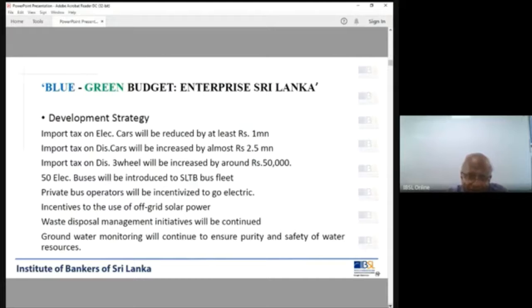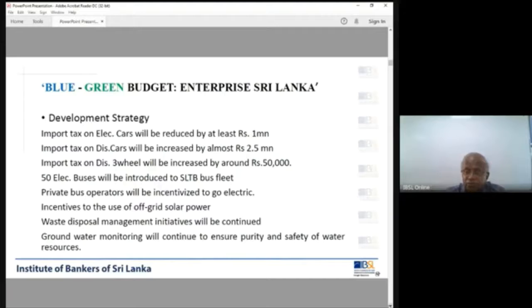Import tax on electric cars will be reduced by 1 million. Electric cars. Why is that? What is the purpose? To encourage people to use more and more electric cars. Environmentally friendly, without diesel, only electricity as the source of energy.